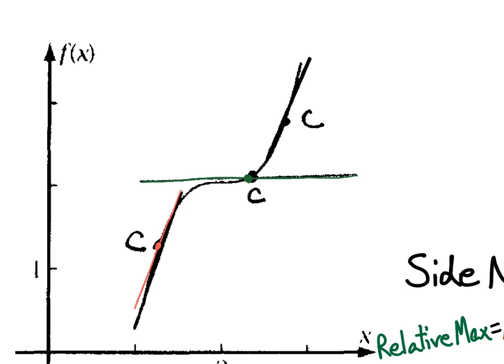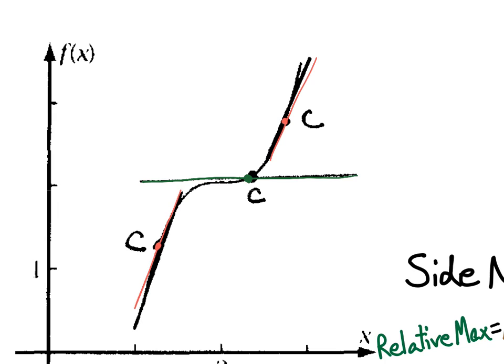Okay? But what's happening here is we're increasing and all of a sudden we stop for a moment, but then we continue to increase. Okay? So the derivative still equals 0 here, but we do not have a change of sign.